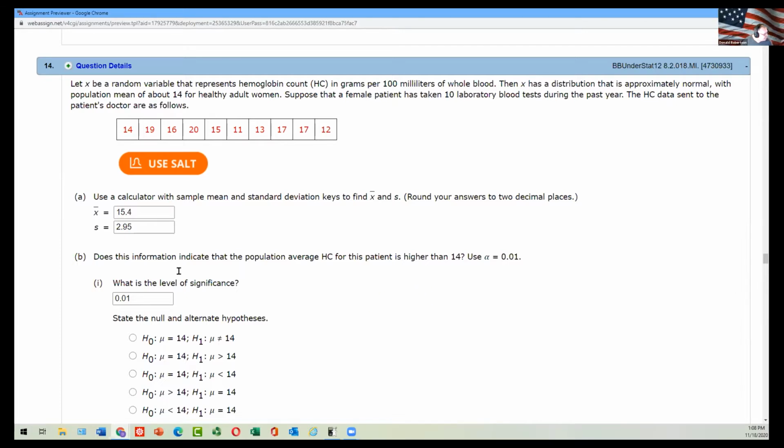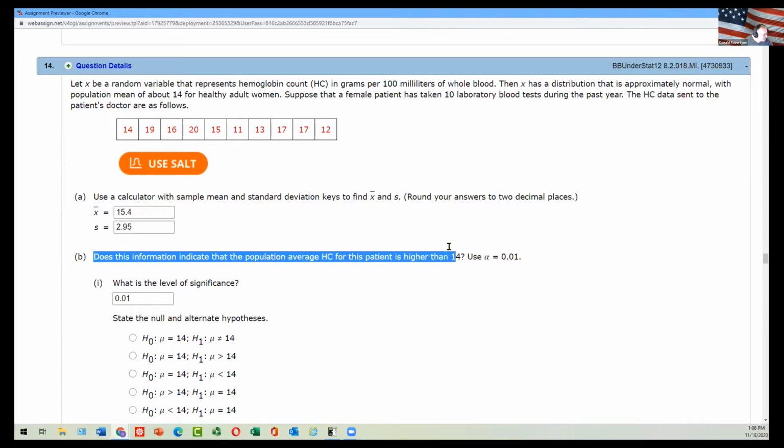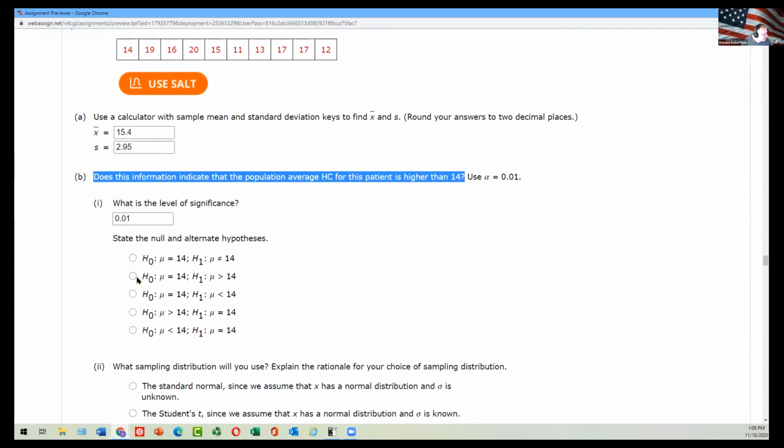Now, we also want to use this sentence: does this information indicate that the population average HC of this patient is higher than 14? Now, if you're higher than 14, you're this one. The second one, the one they're calling H1, the one I prefer to call HA, is always going to go second. And in this case, higher than 14 tells me it's this one.